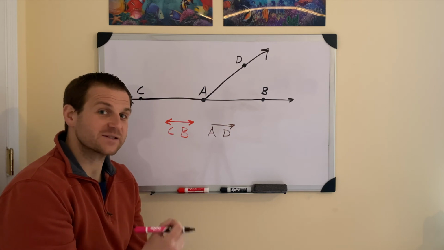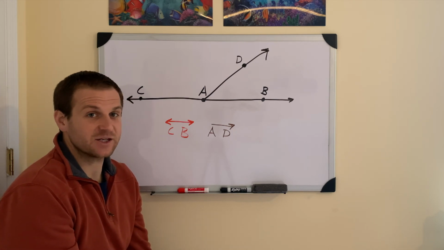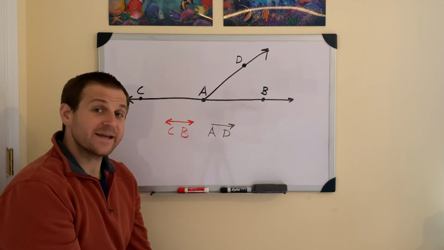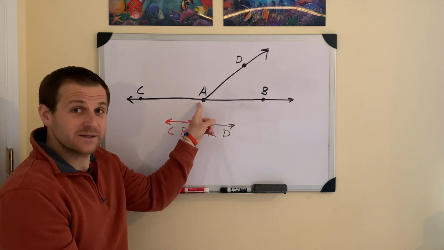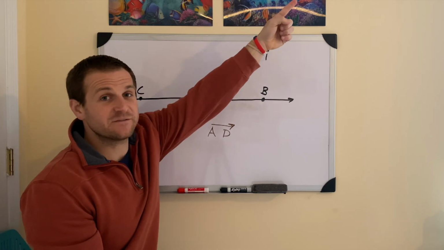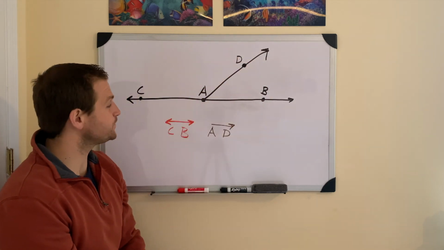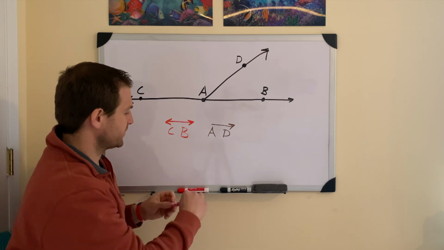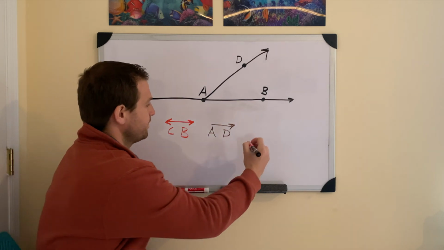As we know, a ray has a definite start point and continues infinitely. So ray AD is going to start at point A and then continue on through point D infinitely out in that direction.